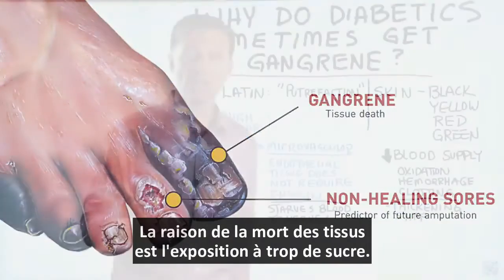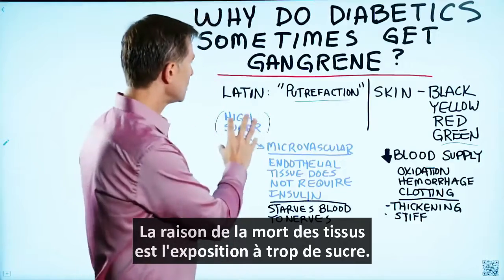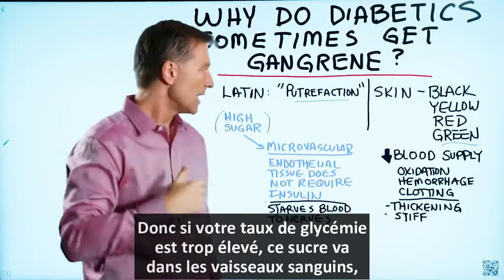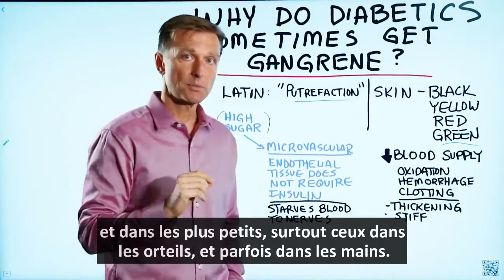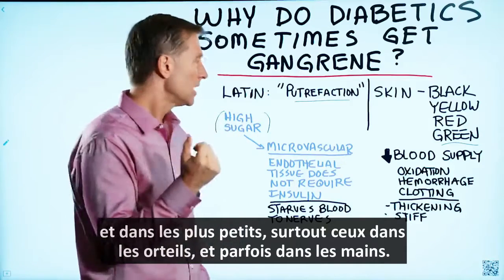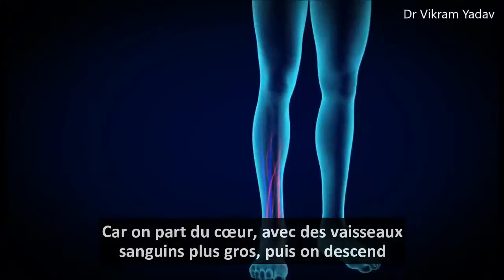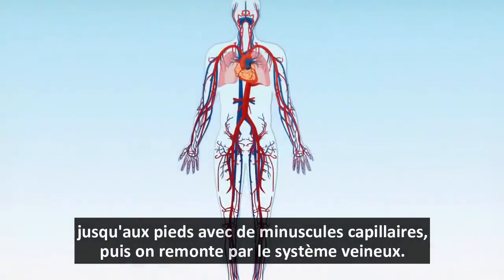And the reason why the tissue is dying is simply because you're exposing the tissue to way too much sugar. So if your blood sugar is too high, that sugar goes through the vascular system and the tiny little blood vessels, especially starting in the toes, and sometimes in the hands, because you start off from the heart with larger blood vessels, and then it gets down to the bottom of the feet, to the tiny capillaries. Then it comes back through the venous system.